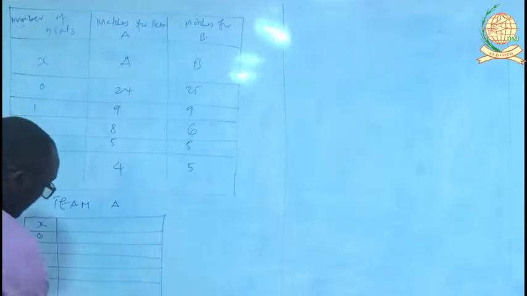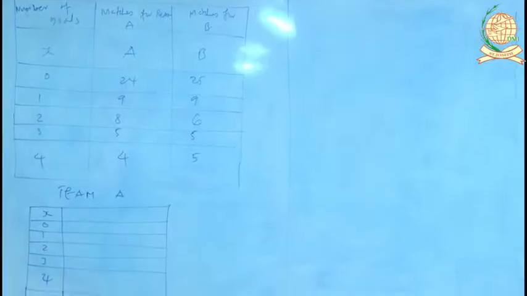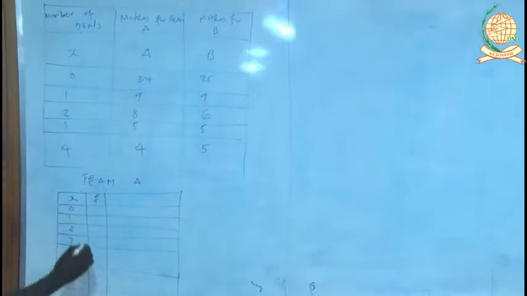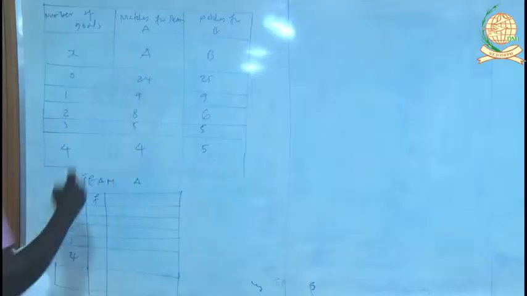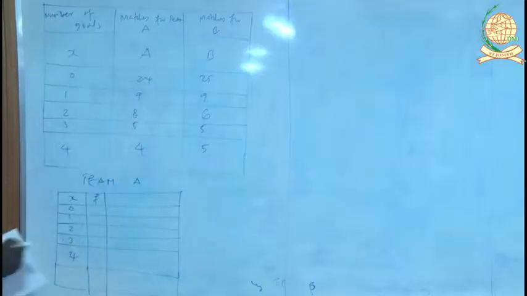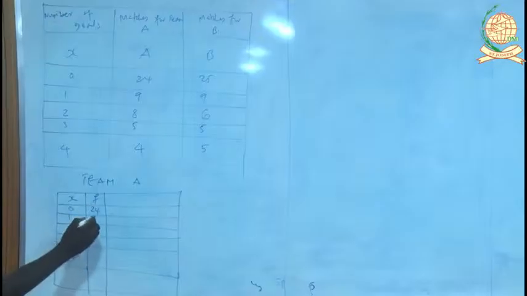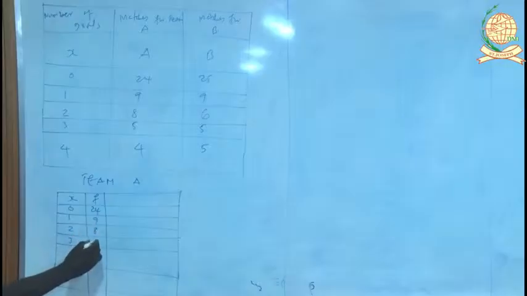These are like class marks, but you can take them as ungrouped data, and this is the frequency of matches, how many times they played and got the same values. So it is 24 for 0, 9 for 1, 8 for 2, 5 for 3, and 4 for 4. This is for team A.